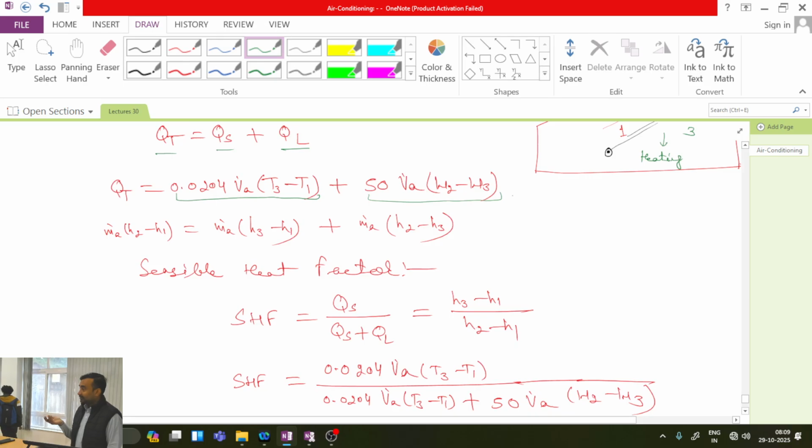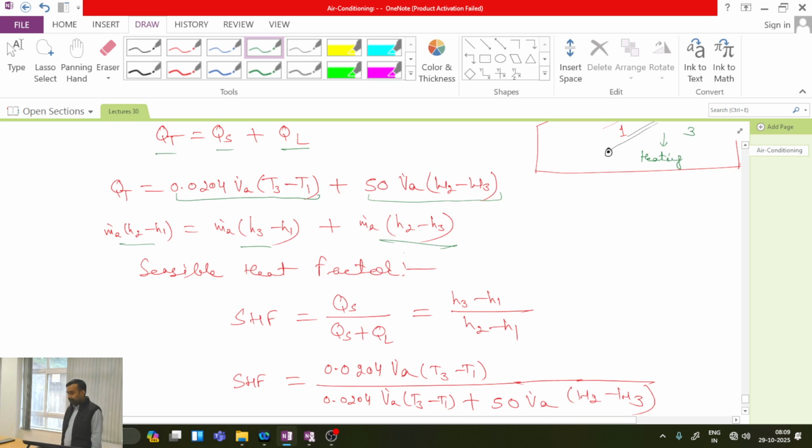And in terms of enthalpy, if I am plotting the process directly on the psychrometric chart, then after locating state points 1, 2 and 3, I can obtain the enthalpy values directly from the chart itself. Okay, so after obtaining the enthalpy values, I can write the actual equation.